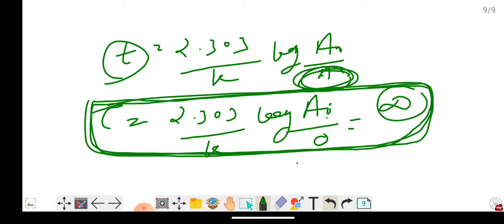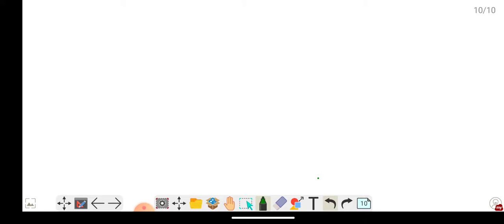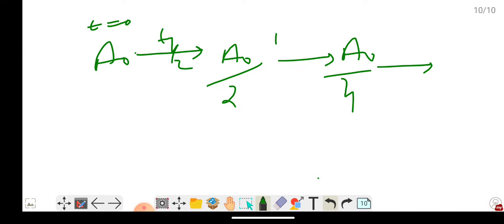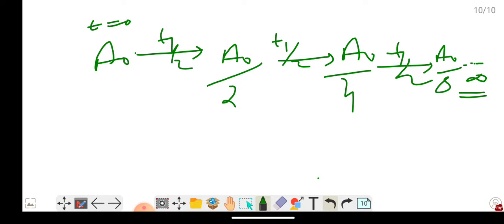In this way, let's suppose a reactant concentration at time t is equal to 0 is equal to A naught. When it halves, it takes half-life, again it halves, again it takes half-life, again it halves, it takes half-life, and in this way this process continues till infinity.